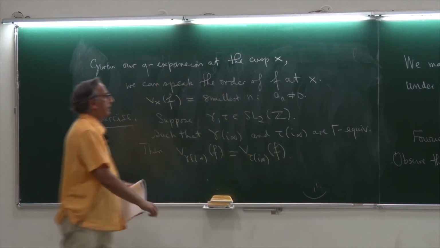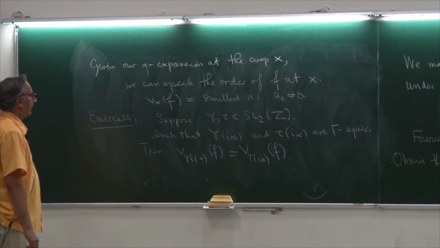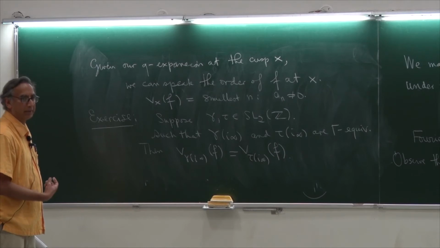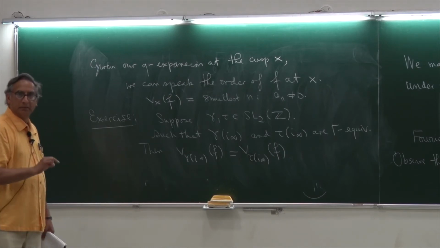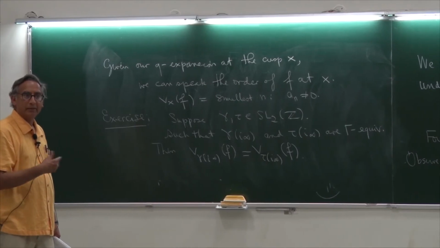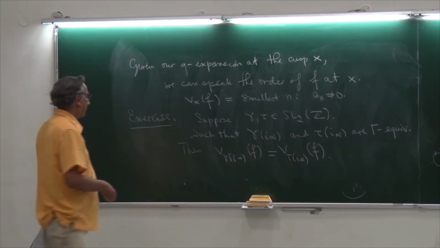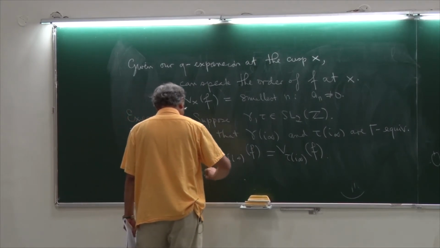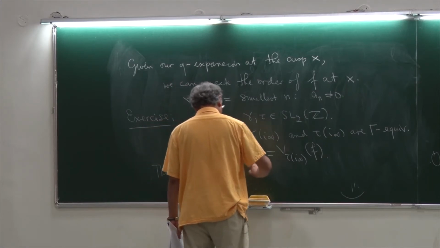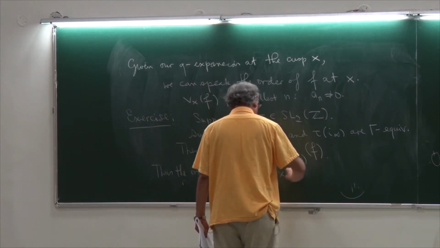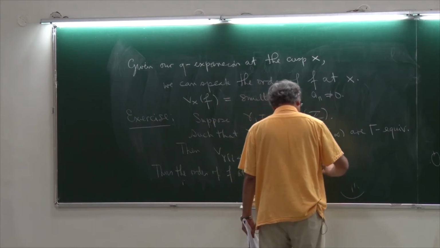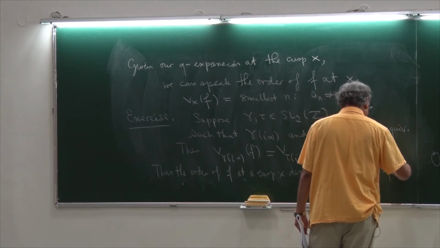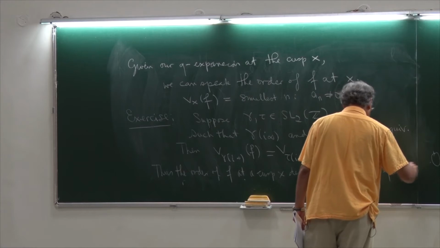So in other words, the order of the function f at the cusp x depends only on the equivalence class of the cusp. See, gamma is acting on the cusps, right? So there will be equivalence classes of cusps. So thus, the order of f at a cusp depends only on the gamma equivalence class that it belongs to.